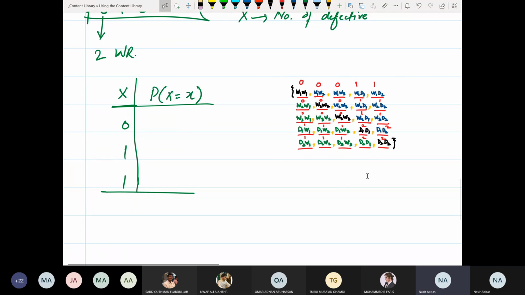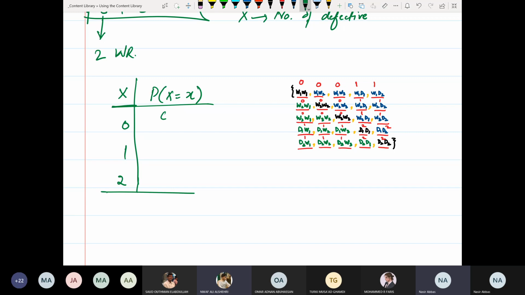What is the probability that the number of defectives will be 0? Now this is a pure probability question. Anyone who can answer, raise your hand. This is like a question of probability of an event, and you have to apply the basic definition, n of A divided by n of S. Nawaf. 9 over 25.